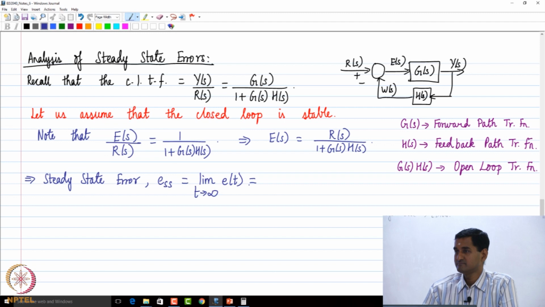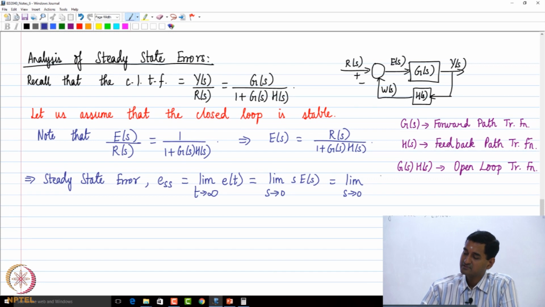What was it? The final value theorem. So, that is going to be limit s tending to 0, s times E of S. So, this is going to be limit s tending to 0, s times R of S divided by 1 plus G of S H of S.